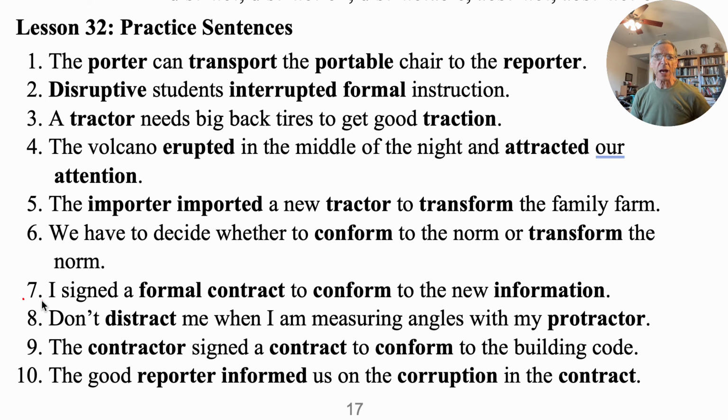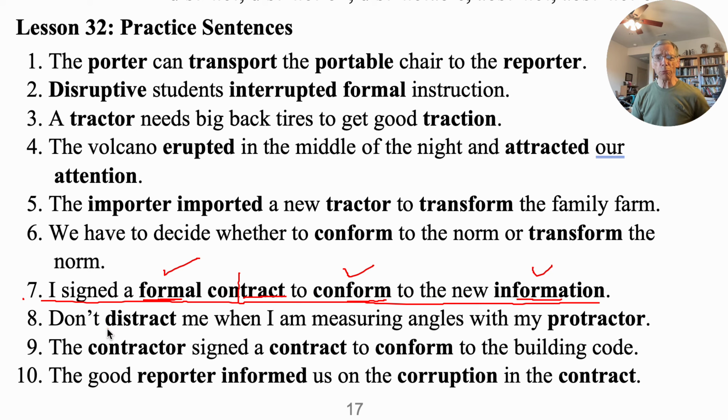Number 7, I signed a formal contract to conform to the new information. Wow, let's see what we got. We got 1, 2, 3 words with the root form, don't we? Yeah, form. Look how productive that is. And then we have contract, means to pull together.